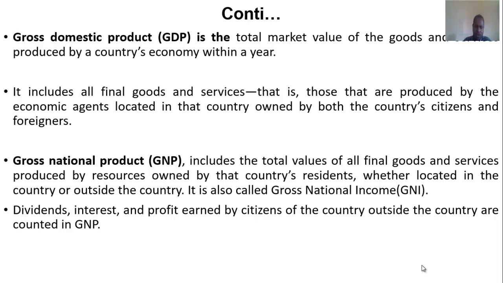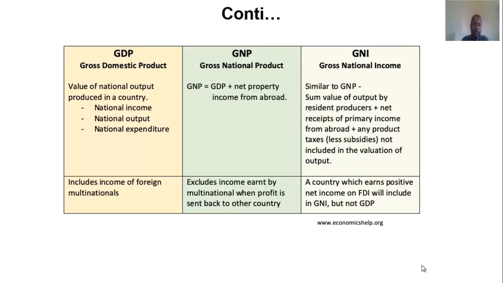Ethiopian citizens who own dividends, who get dividends from outside, maybe from Kenya, maybe from Uganda, or somewhere else in other parts of the world, their dividends would be included in gross national product. Interest and profits earned by citizens of the country outside the country are counted in GNP of the country.